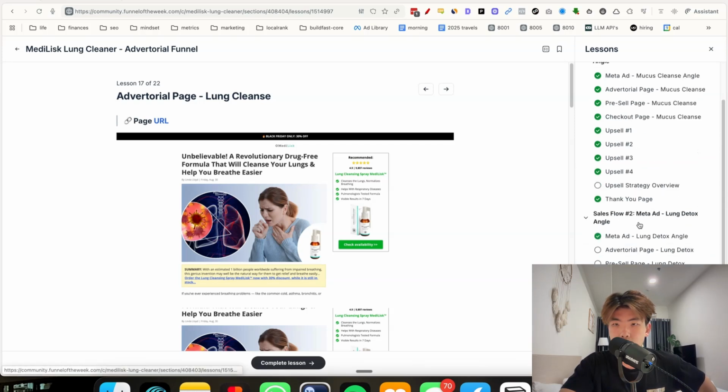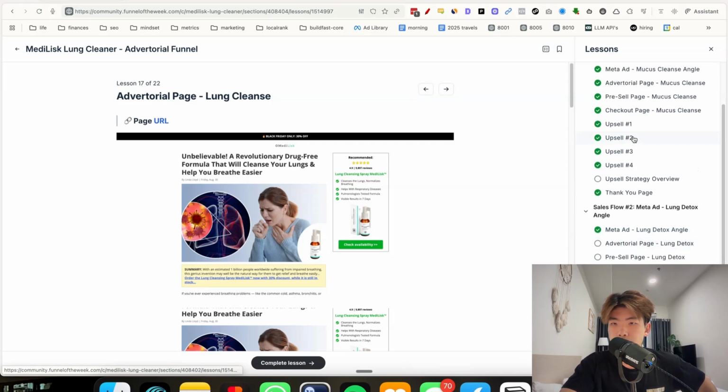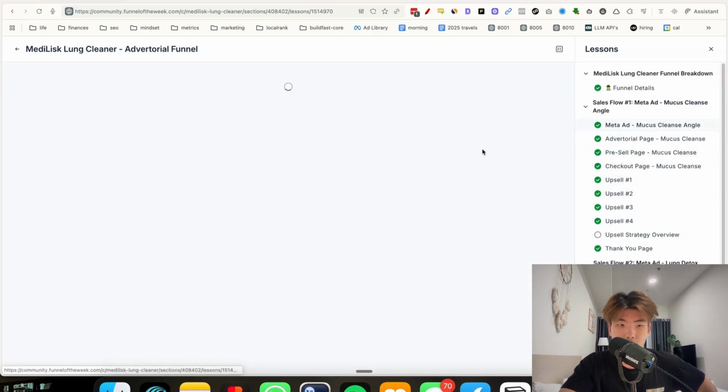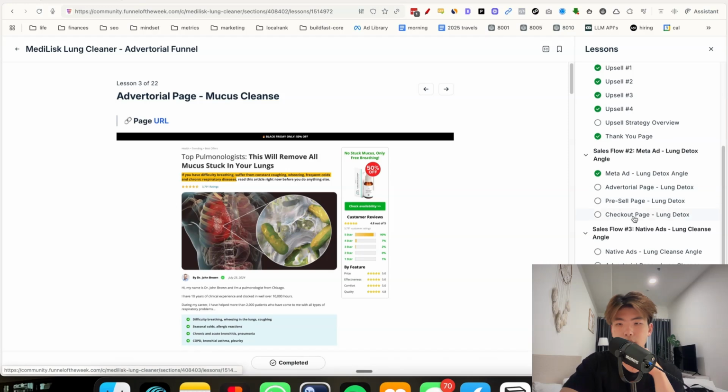One is about cleansing your lungs. The second one is about smokers, so repairing your lungs. And I forgot what this one is about. I guess this one is about removing stuff.